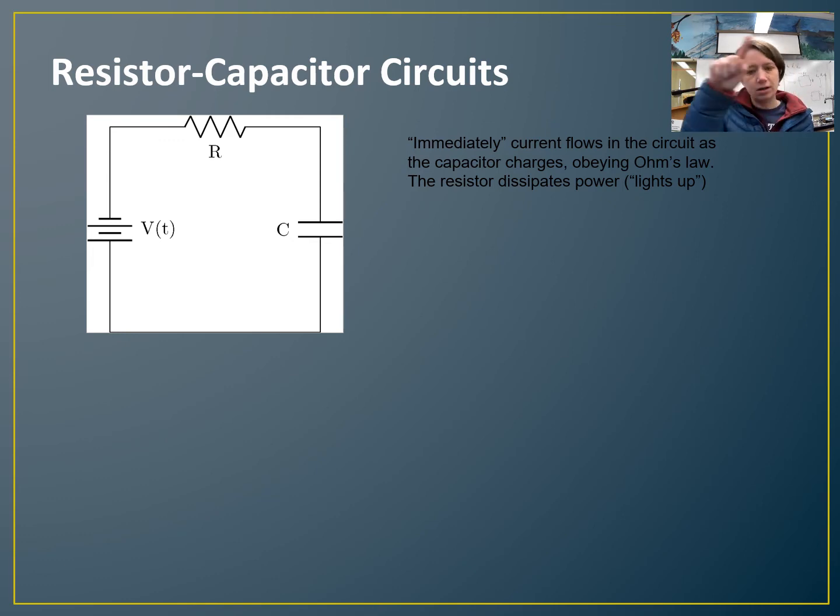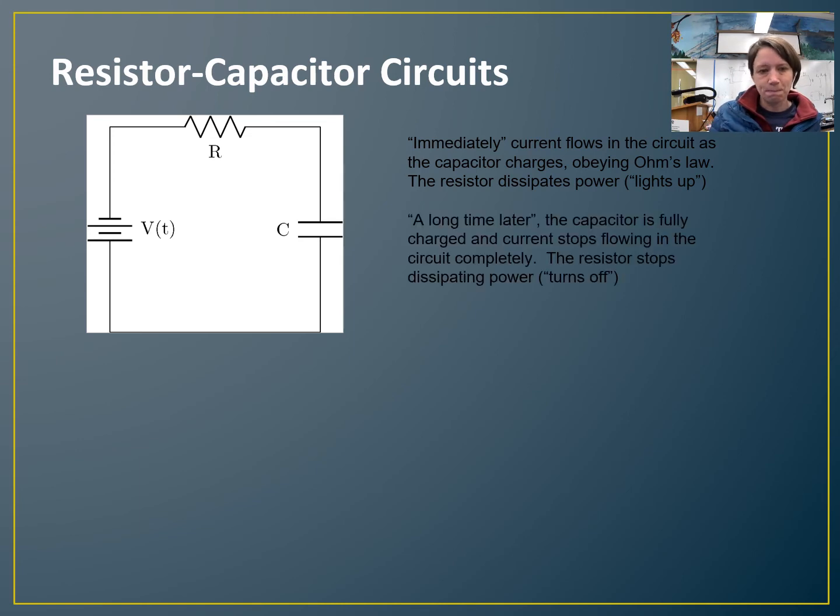So we're flowing onto the top plate and off of the bottom plate, and the circuit itself is going to obey Ohm's law. So the R total for the circuit is just the resistance of that resistor. And during this time interval, that resistor is going to be dissipating power. Current is flowing through it, energy is dropped across it. Therefore, we're going to have power, and if it's a light bulb, for example, it's going to be lighting up.